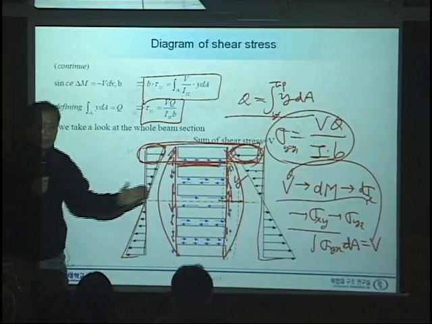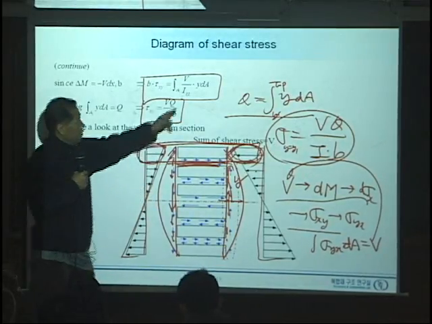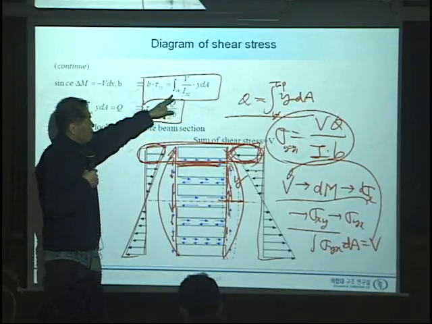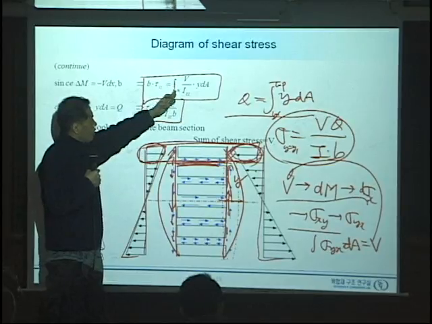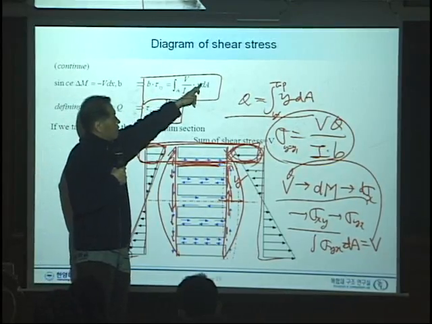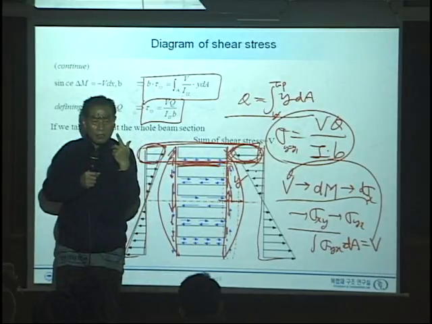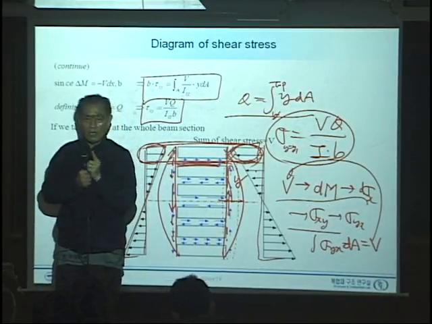which becomes the shear force V from the force equilibrium. So anyhow, this is the distribution, and this one is not easy to integrate. You have to pay attention. V and I are usually constant, so they can be taken out of the integration, but this y dA is not just dA, and not y squared dA, it is y dA.